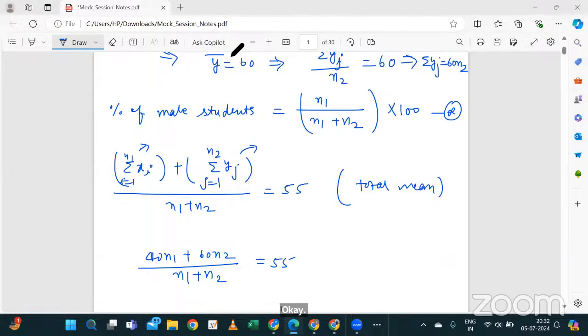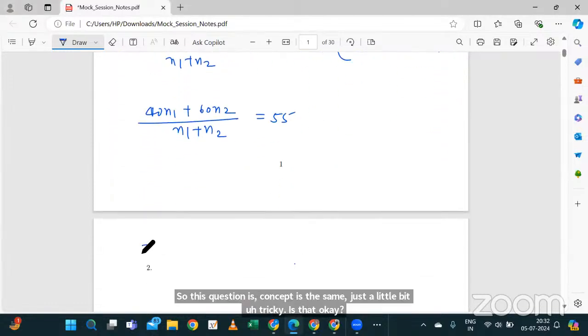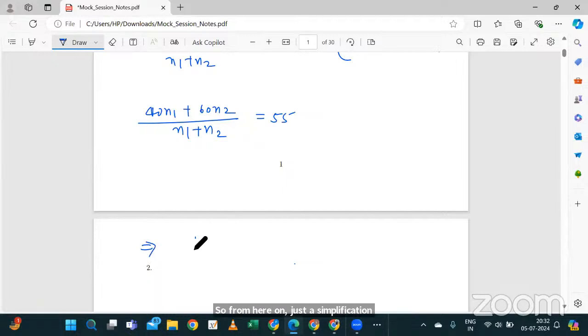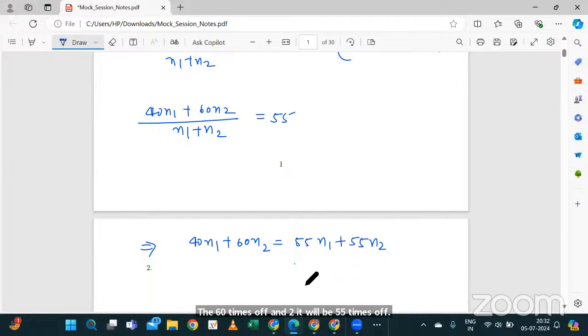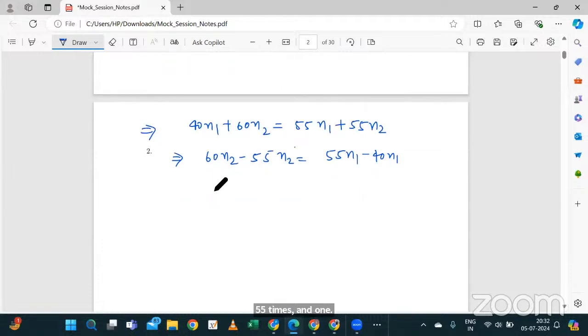So the concept of this question is the same, just a little bit of a tricky thing is there. From here onward, it is just simplification of this equation. I will get 40 times n1 plus 60 times n2 equal to 55 times n1 plus 55 times n2. So 60 n2 minus 55 n2 equals 55 n1 minus 40 n1. Then with very basic simplification, it will be 5 times n2 and 15 times n1.